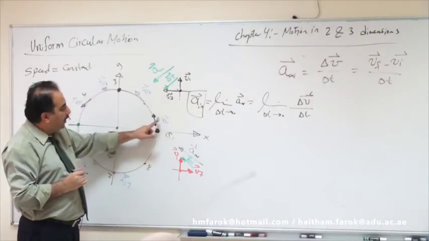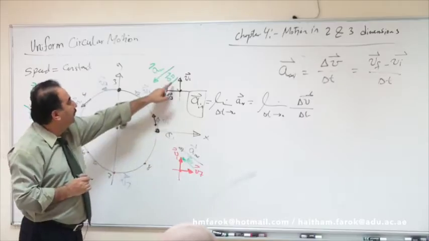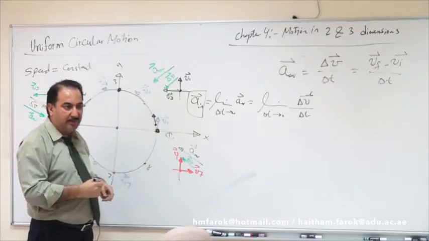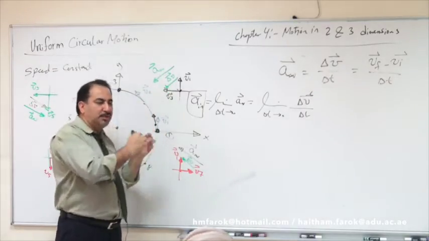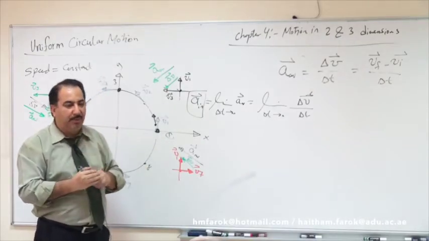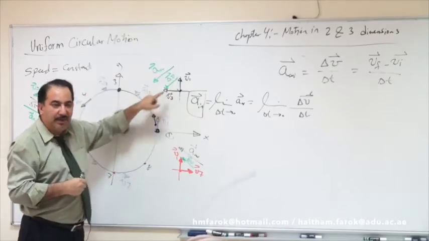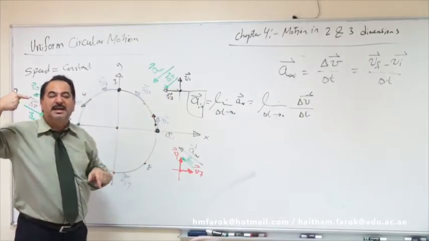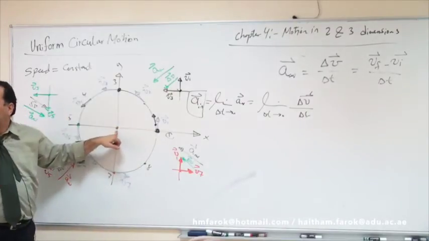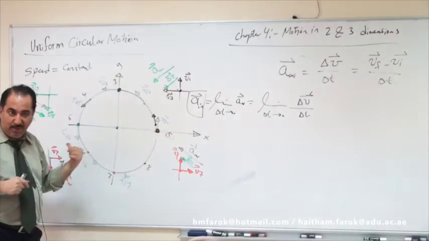When you draw V1 and you draw V2 very, very close to V1, and you draw delta V to connect the heads, because they are equal from the geometry, I will not cover it here because it needs drawing and mathematics. But what I want to say is that when you draw delta V, you'll find it's pointing exactly towards the center. Not just to the inside, exactly towards the center.